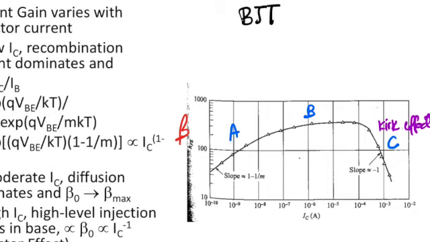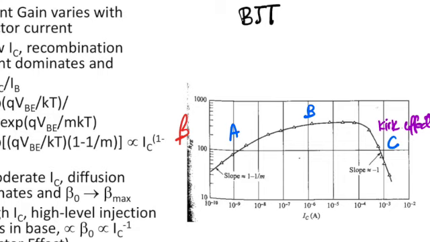Region B is roughly a constant value, which is the ideal situation where if you increase IC, it shouldn't change your beta. Beta should remain stable regardless of the value of the collector current. This is the operating region that we want.